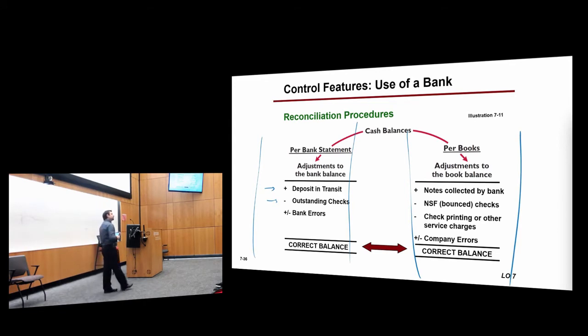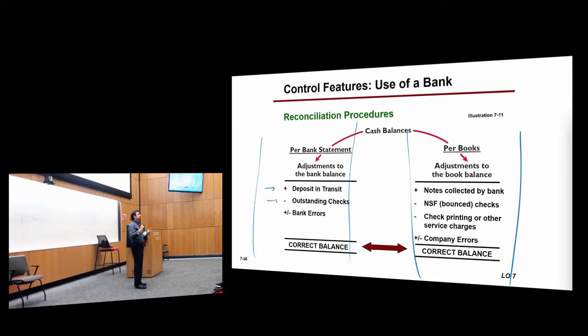Now, according to the company's books, in certain cases, the bank would work as a collecting agent for you. So you give them the note, the bank will collect that note receivable on your behalf. This is what we call notes collected by the bank on your behalf. You did not know yet that they were collected. Okay?